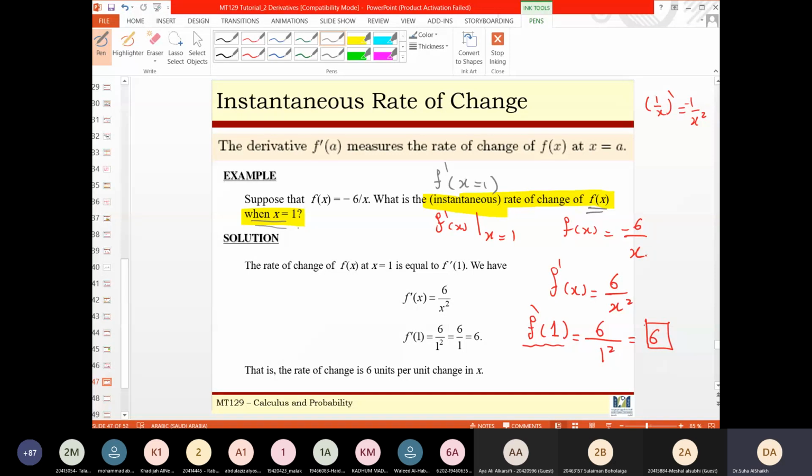The word instantaneous means at the moment when x equals 1.